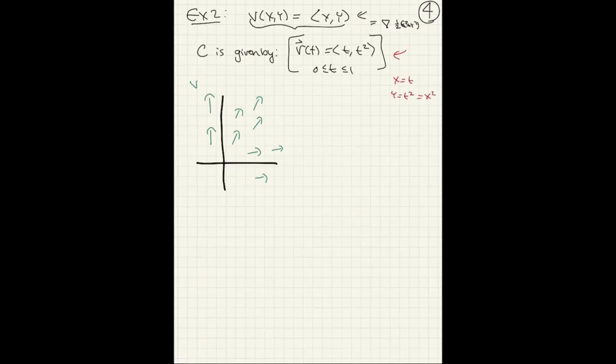So you're really looking at y equals x squared, where x is between 0 and 1. So this is a parabola from here to here, 0 to 1, and we're moving this way.